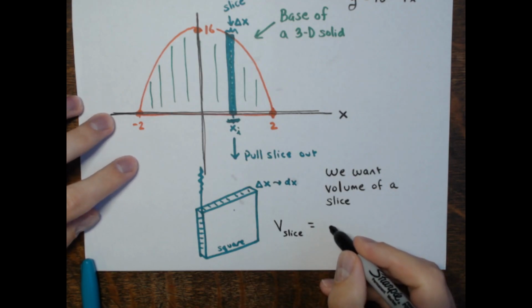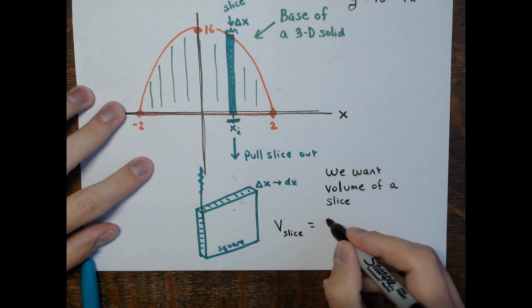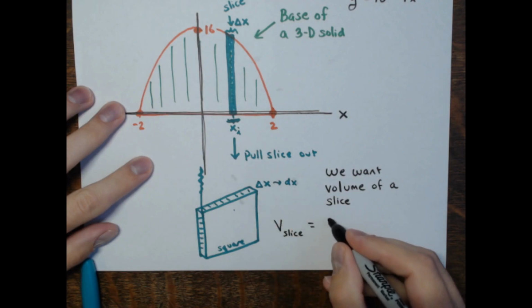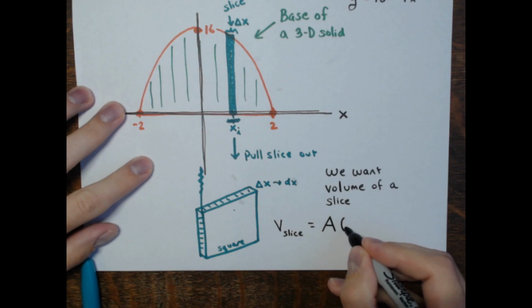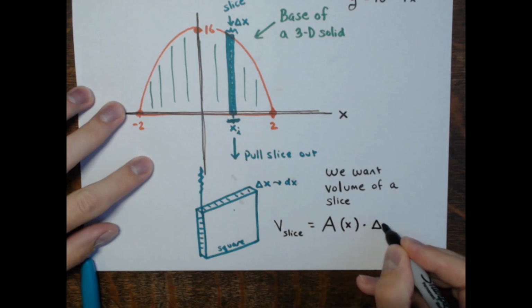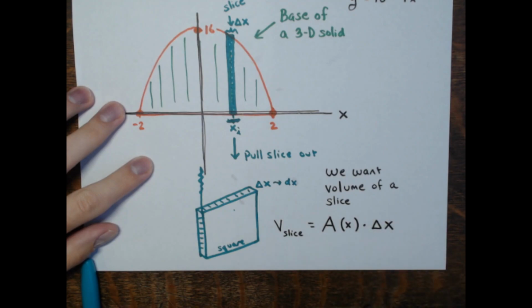Now, you'll see this in some texts, since I'm doing delta x here, I'm going to find the area of this base in terms of x. So you see this function A of x times the thickness, times delta x, which again we'll write as dx later when we add them all up and integrate.